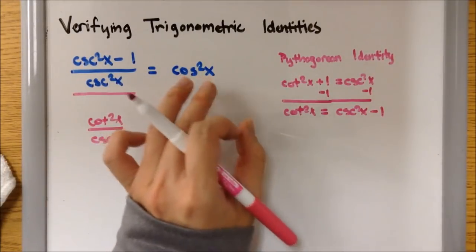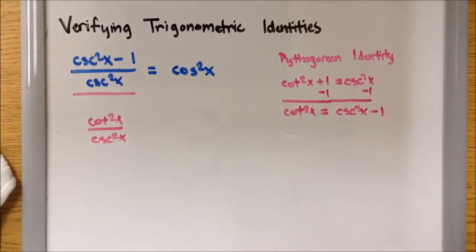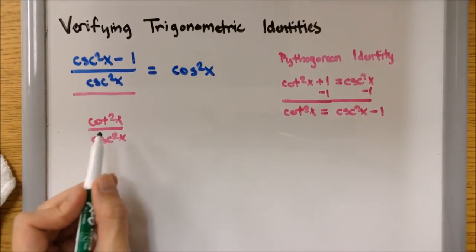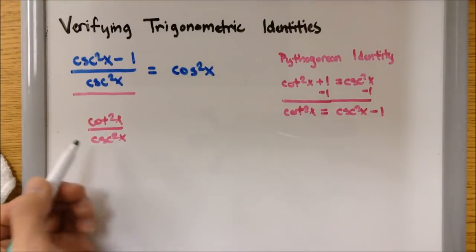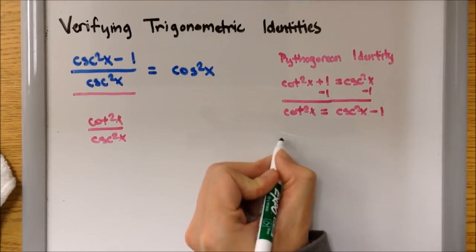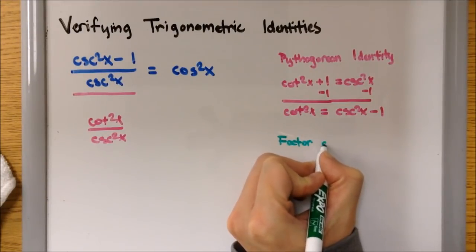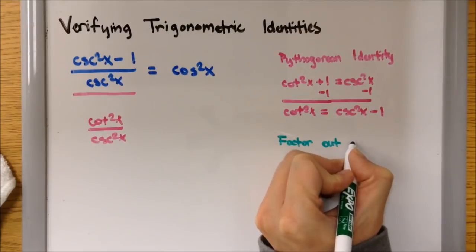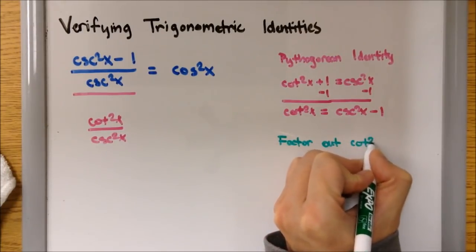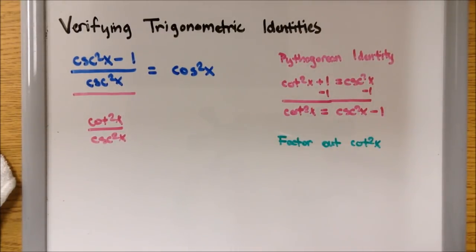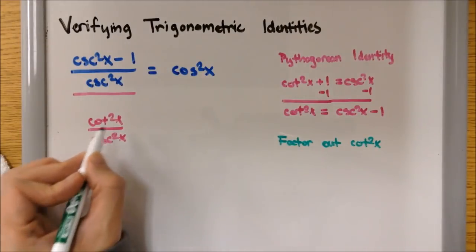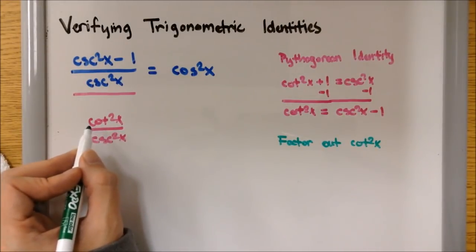I'm not going to worry about this. This is what I know it should equal. Next, I'm going to factor out the cotangent squared x. What I mean by factor out is I'm going to pull it away from the numerator.